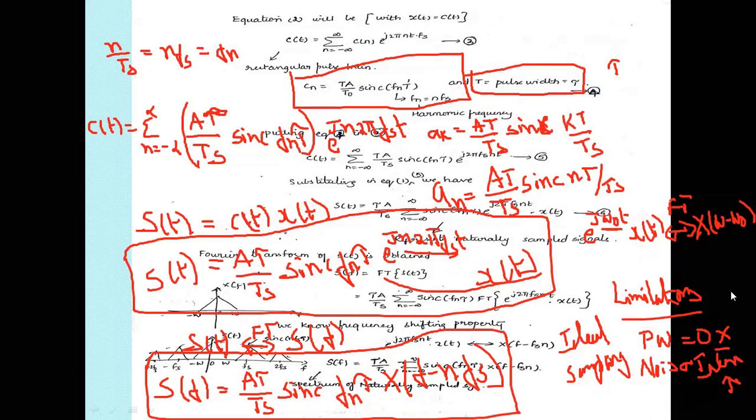There is no noise interference in natural sampling. In natural sampling there is multiplication plus shaping. The x of t is multiplied with the c of t signal, having pulse width tau and amplitude A, and the output signal is chopped.